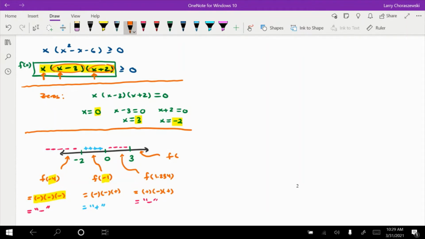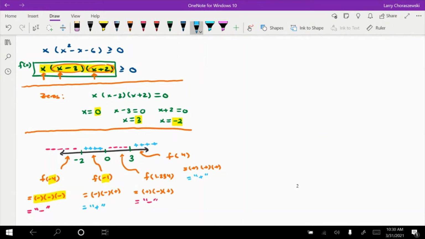Did anybody happen to choose pi? I didn't. All right, I chose 4. Turns the first factor positive, the second factor positive, as well as the third factor. And the end result of a product of 3 positives is a positive. So any value of x that you choose from this section of the number line will make our function positive.